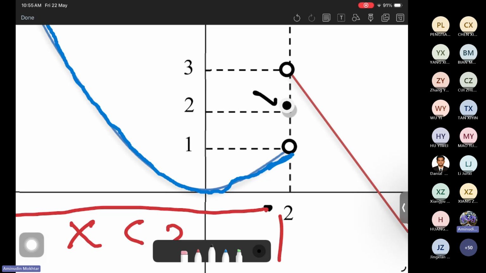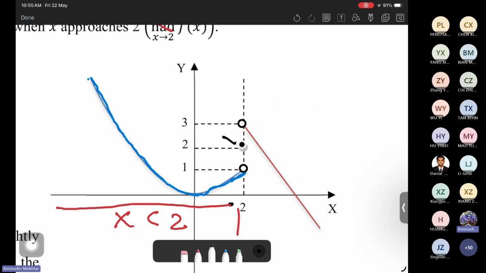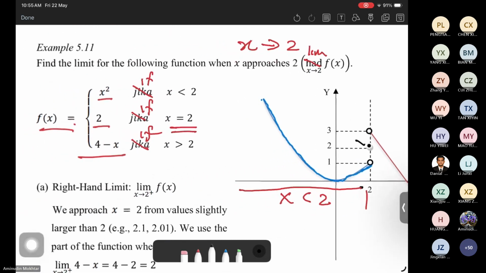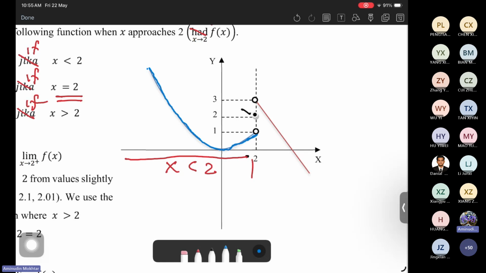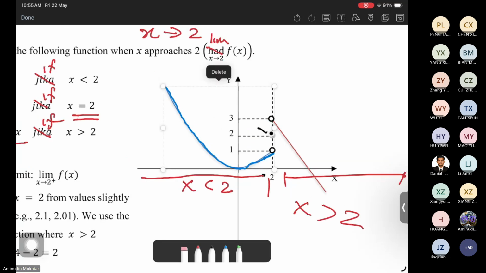But when x is greater than 2, the function turns to a linear equation. You can see this area, when x is greater than 2, the function equals the linear function 4 minus x. Actually it is a linear function, but it only exists when x is greater than 2.